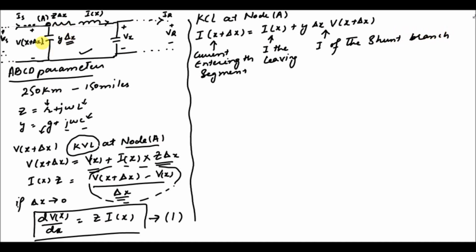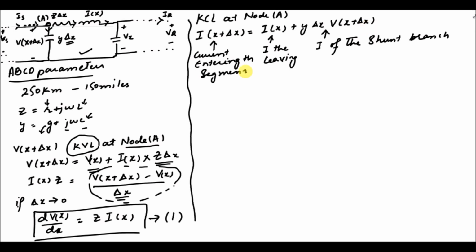So the current entering the segment is actually the summation of these two currents. This is represented in this equation.